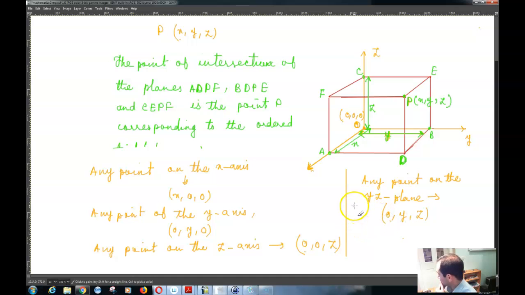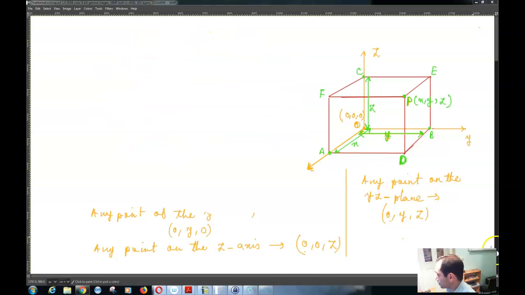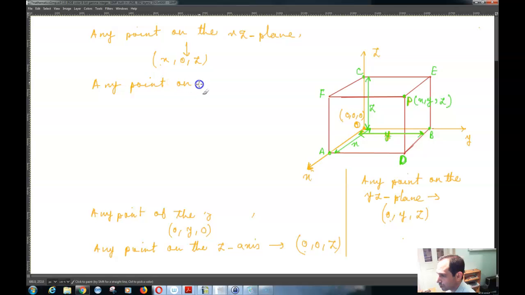And of course, for example, then you can say that any point on the, so this was the YZ plane, the XZ plane, this is X, the XZ plane will have coordinates X, comma 0, comma Z, and any point on the XY plane will have coordinates X, comma Y, comma 0.